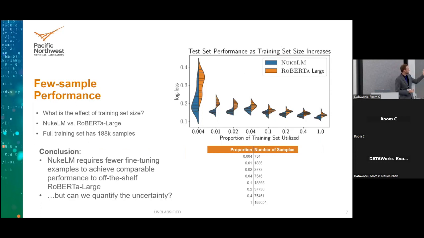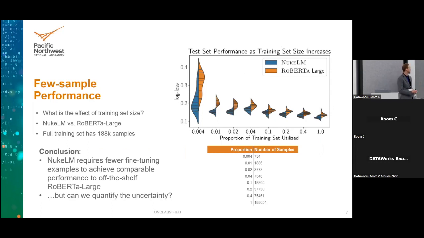And what we noticed is, certainly, as you can see here, the distributions between NukeLM and RoBERTa Large, yes, the loss is decreased by using the NukeLM model pretty much across the board, regardless of how much data you give it. But what we really noticed is as you have a smaller and smaller data set, the difference is accentuated. Yes, the mean of the distribution is lower, but the mode is quite a bit different.